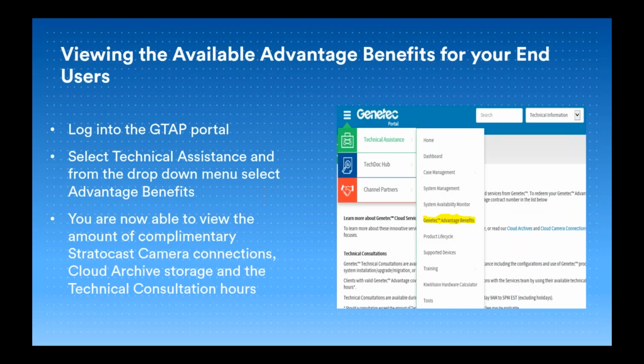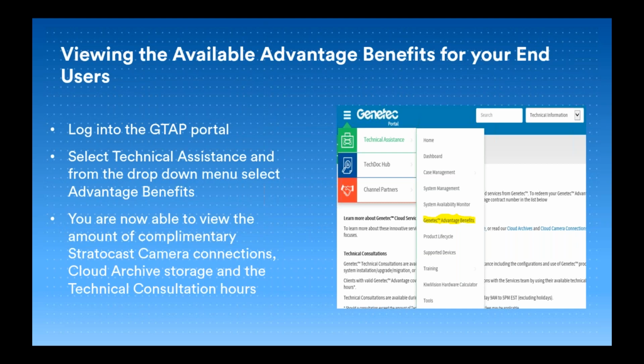Another terrific report to run would be in that same area under technical assistance. You scroll past the system management and you go on down to the Genetec Advantage benefits. That report will run for your customers, or for you to be able to view for your customers, those 3 complementary benefits: the technical consultation hours, the Stratacast camera connections, and the cloud archive storage.